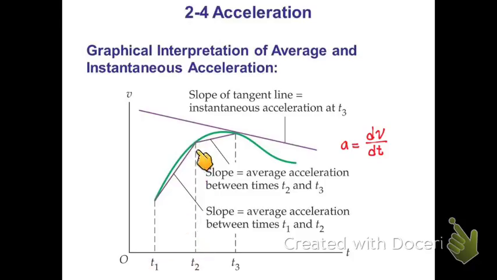Similarly, you can find the average acceleration between t2 and t3 just by connecting them by a straight line and calculating the slope. That's it.